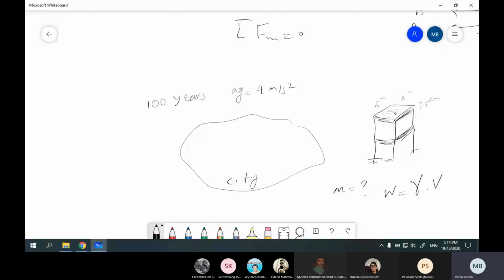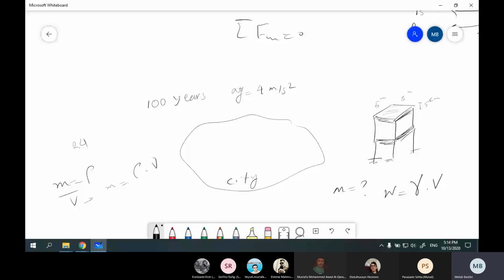Gamma is the specific weight, or again, M over V is equal to rho. If I tell you, for example, the density of the concrete is 2.4, what is M? Rho times V. These dimensions are given, so you know them from the beginning.